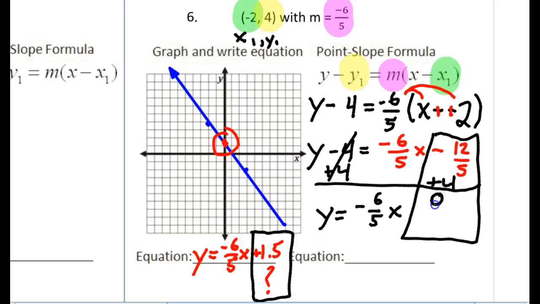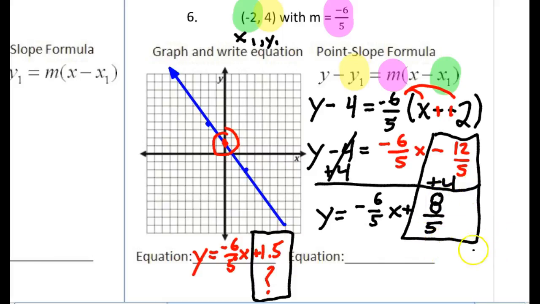I think it's 8 over 5. It's not technically point slope form, but yeah, solve, yes. Okay, so it turns out that this number that we estimated, it's really 8/5.